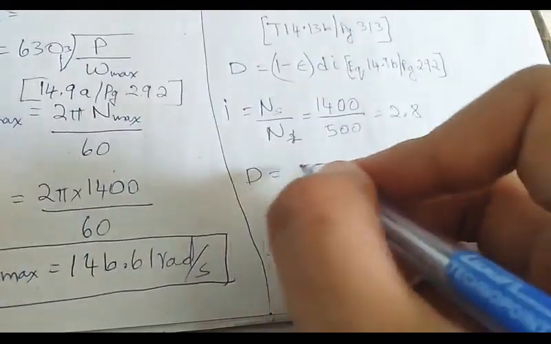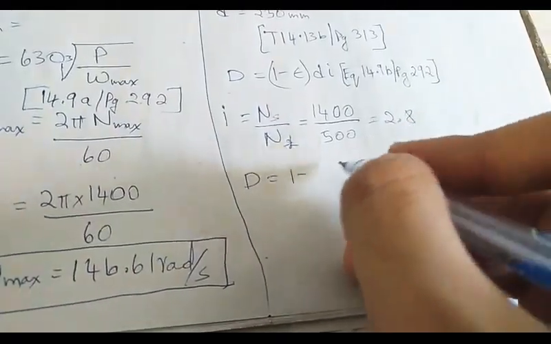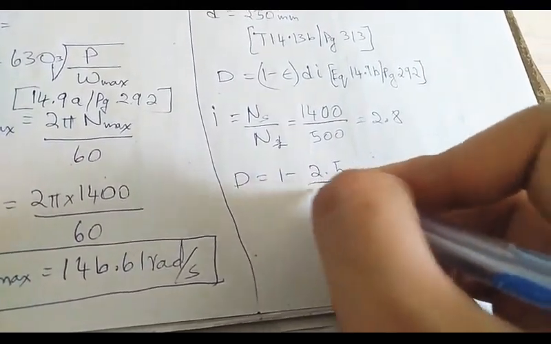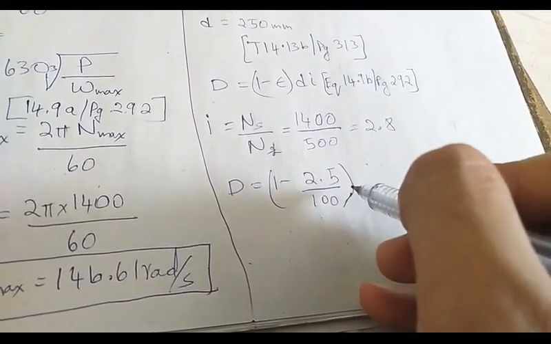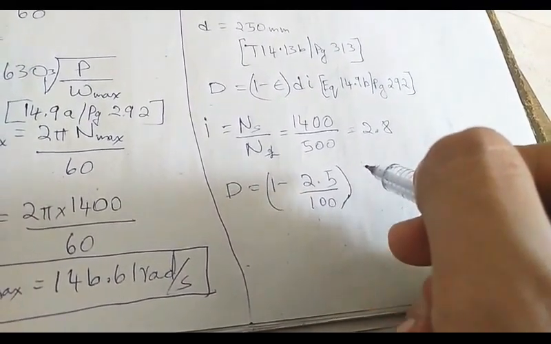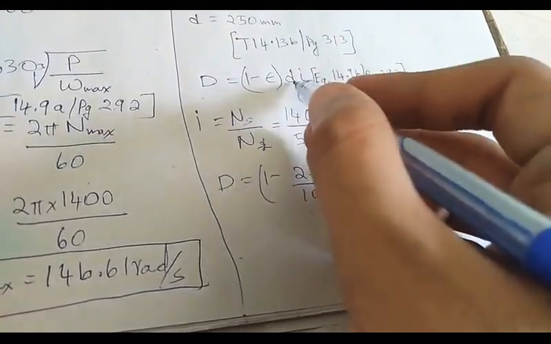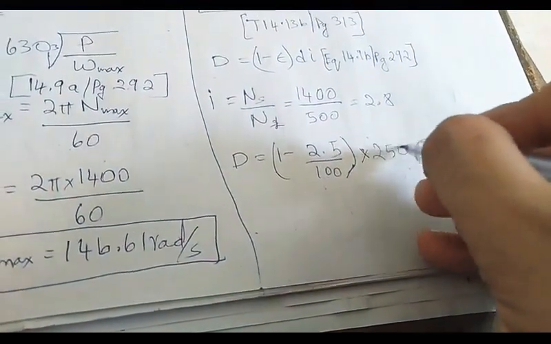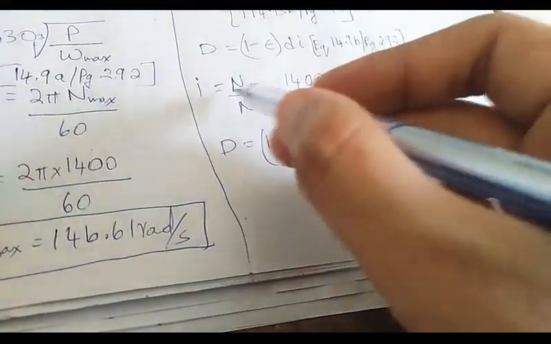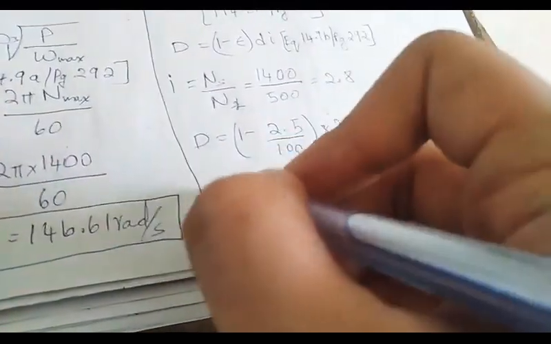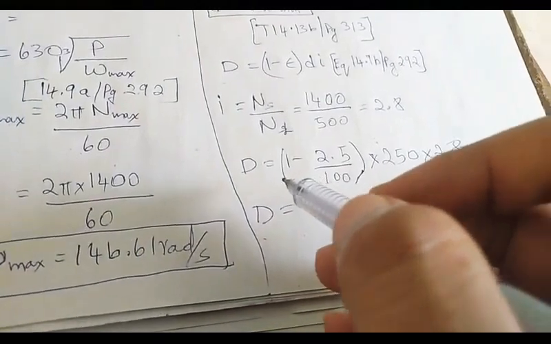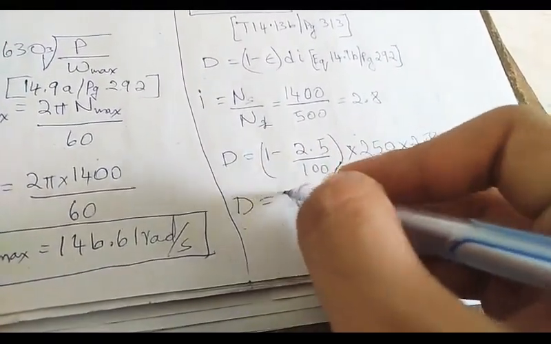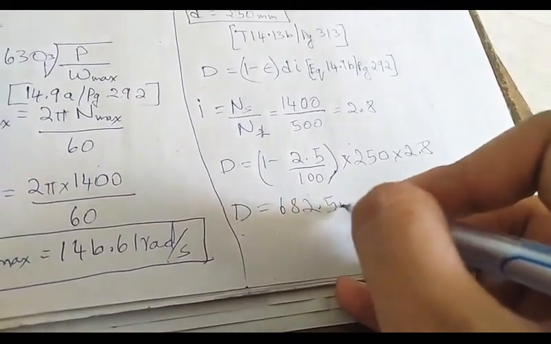Now we shall find the diameter. 1 minus 2.5 divided by 100, into smaller diameter 250 mm, into i, 2.8. So the larger pulley diameter we are getting is 682.5 mm.